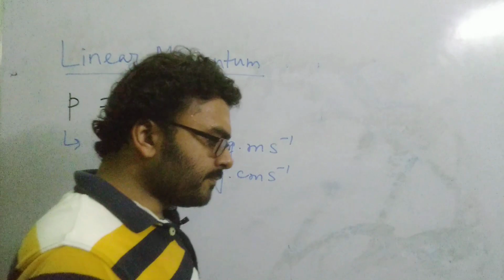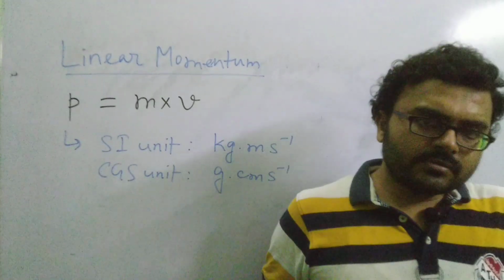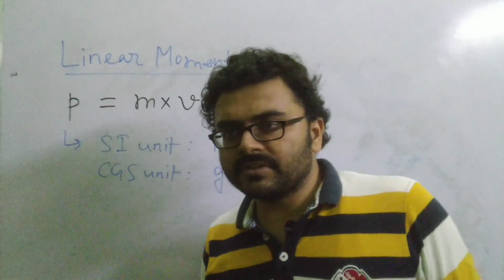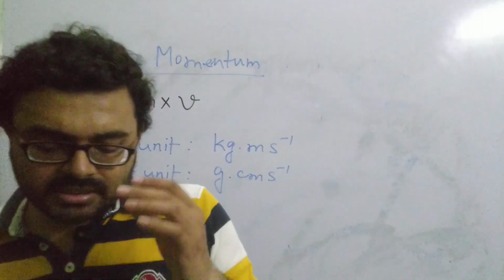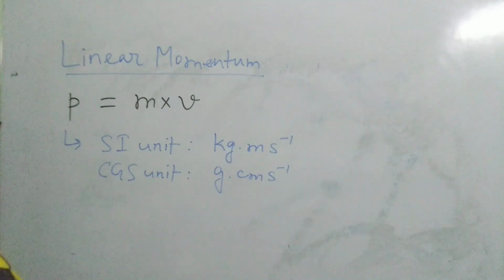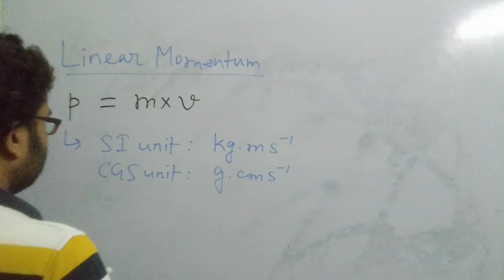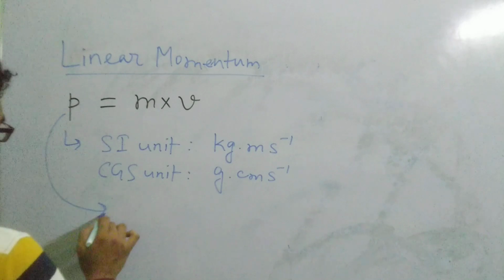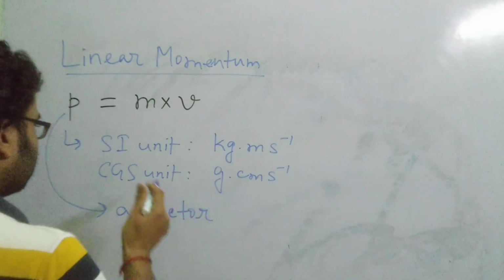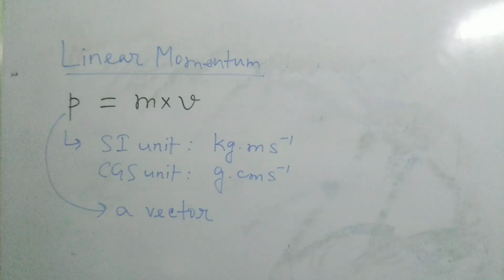As you know, velocity is a vector quantity. We have discussed scalar and vector quantities in the previous class. Since velocity is a vector quantity, hence linear momentum is also a vector quantity. It has a direction. And what is the direction? The direction of the velocity gives the direction of the momentum. So this is linear momentum.